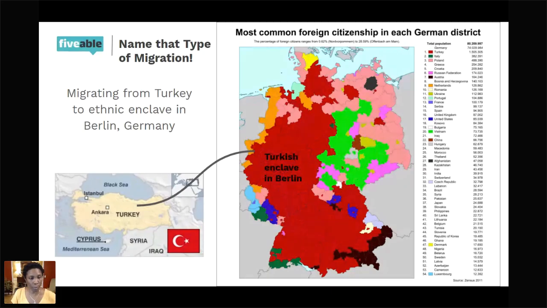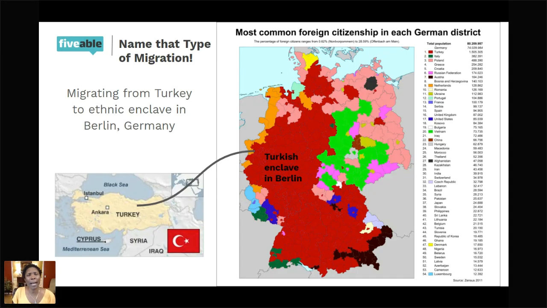I started with Turkey, and all of this red represents the Turkish enclave in Berlin. The dark green areas represent the Italian enclave in Berlin. The orangey areas are the Netherlands, pink is Russian, and the lime green is Vietnamese. So did you get to name this type of migration?